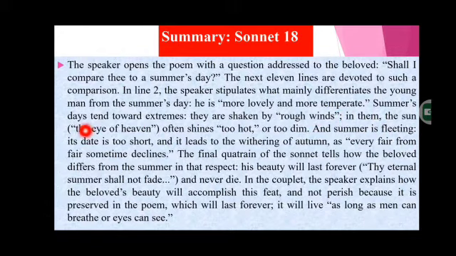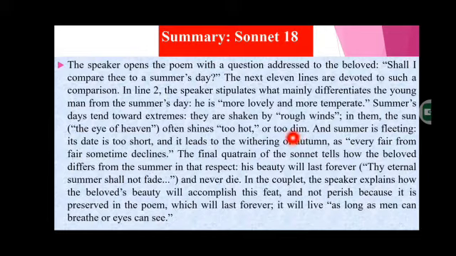Summer's days tend towards extremes. They are shaken by rough winds, because there are chances that rough winds will blow. In them the sun, the eye of heaven, often shines too hot or too dim. So there are 2 extremes of the summer day.